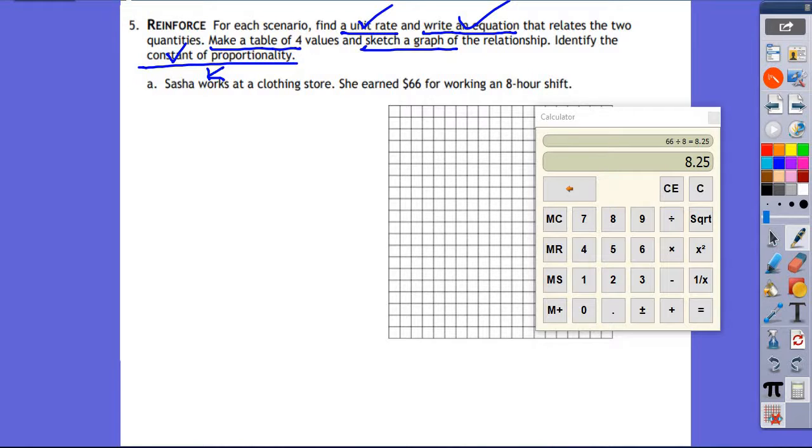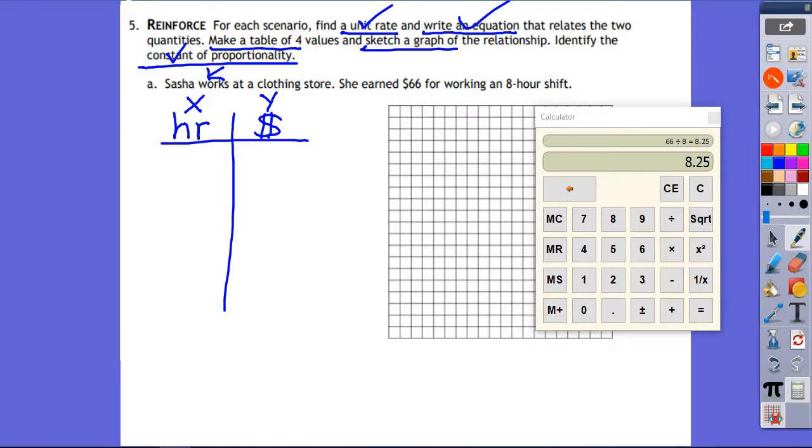So now I am going to create a table so that I can graph this. I'm going to make a T-chart, and I'm going to let this represent my hours, or my X for my equation, and this is going to represent my money in various hours, or my Y. I need at least how many values in my table? 4.